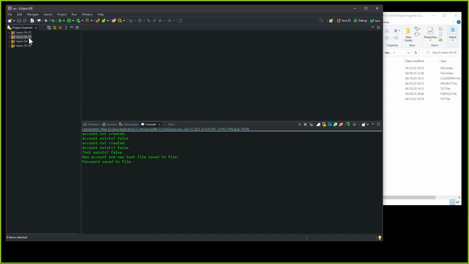But these three teams were those that became volunteers. So I showed them how perfect was their code or how problematic was their code.